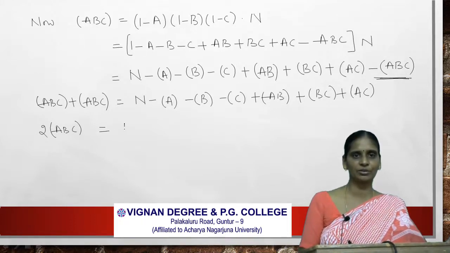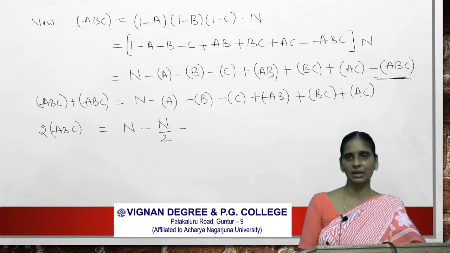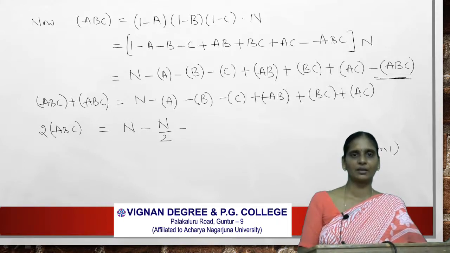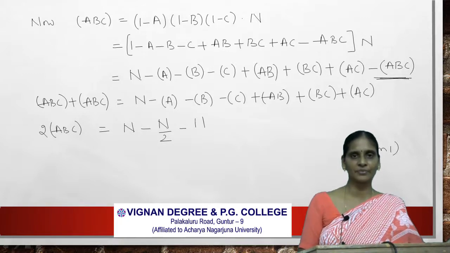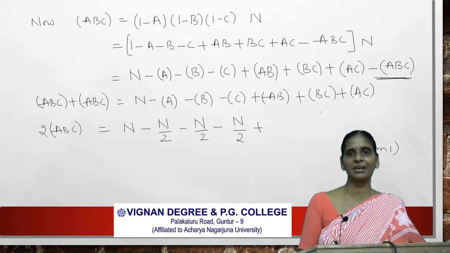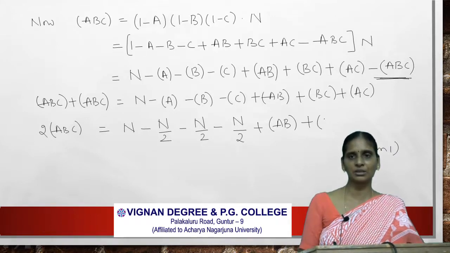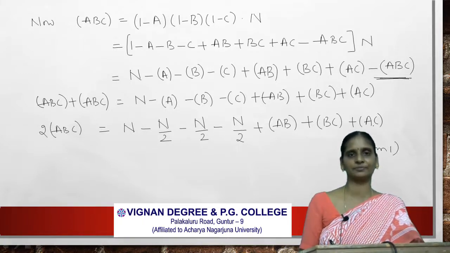This is equal to n minus frequency of A, whose value is n by 2. These values are obtained from the first condition. Frequency of B value is also n by 2, frequency of C value is also n by 2, plus the remaining class frequencies, that is frequency of AB plus frequency of BC plus frequency of AC.